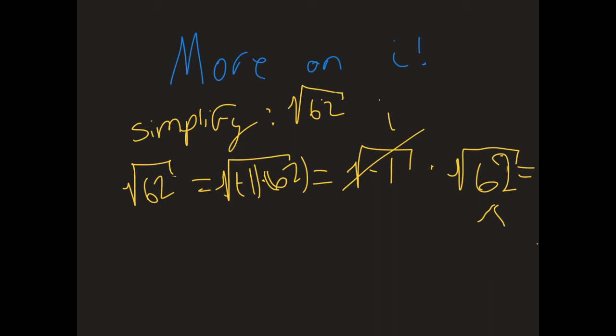So 72 is equal to 2 times 36, and then 36 is equal to 2 times 18. We have 2 times 2 there. And so we can say that this is equal to i times the principal square root of 4 times 18.